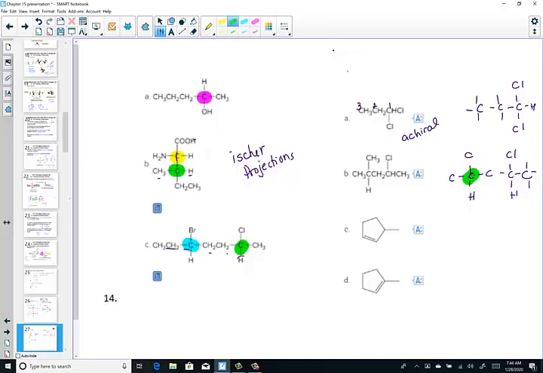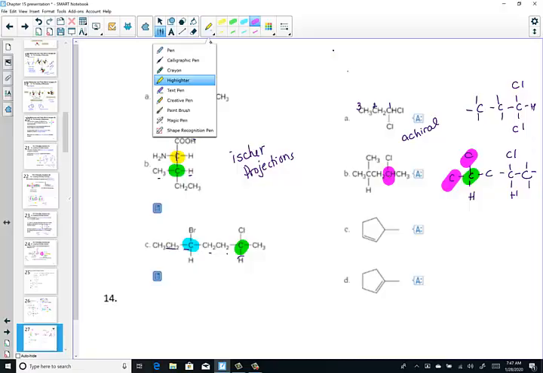Is this chiral? Oh, no, it's not. How come? Well, these guys are the same, aren't they? Here's a methyl group, here's a methyl group. This carbon is attached to two identical groups. It will not be chiral. All right, so that's fine. How about what I'll highlight now is this guy.